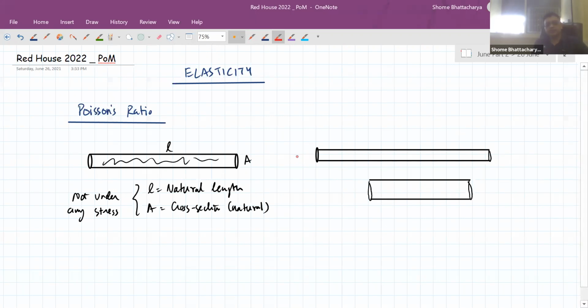So the property related to how much that happens, by what factor we observe a change in length accompanied by a change in cross-sectional area, that factor is to do with the property of the material called Poisson's ratio.